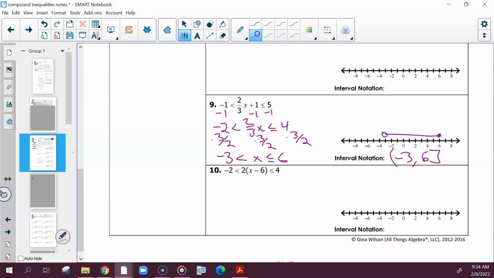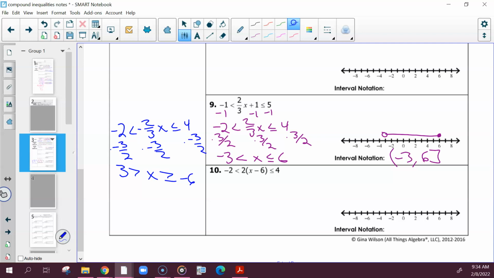So I'm going to do this off to the side. Let's say this was -2/3 instead of positive. Then when I flip it and multiply by -3 over 2, all of my signs would still change direction. I would still end up with the numbers I have. I have 3 is now greater than x, which is greater than or equal to -6.